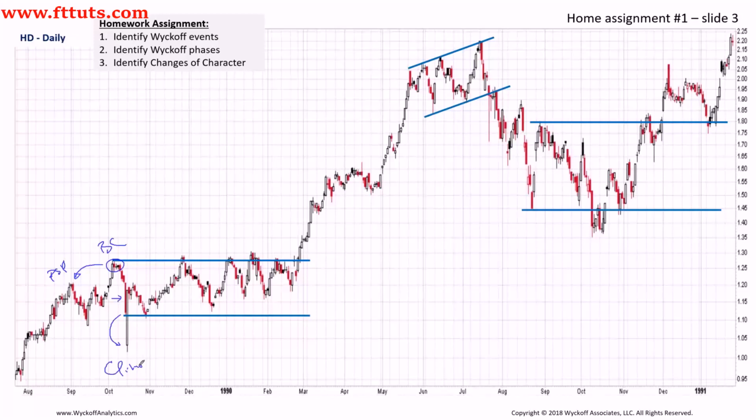And climactic action usually is going to be associated with two things: either climax itself, so in this case, selling climax, or a shakeout. I would say that it's a climactic action, very much in association with selling climax. Okay, so let's say that this is a selling climax.